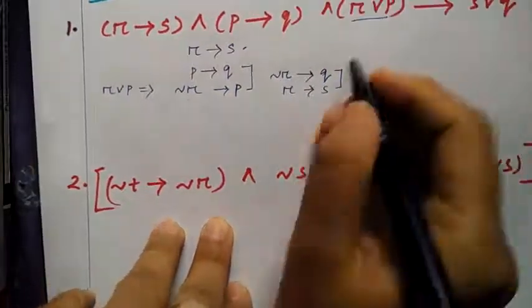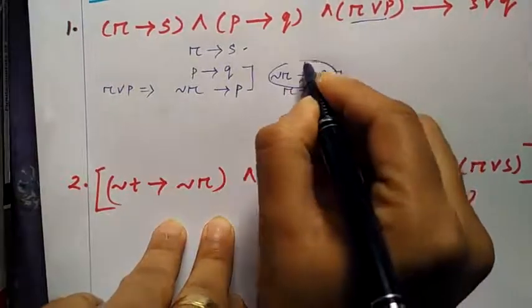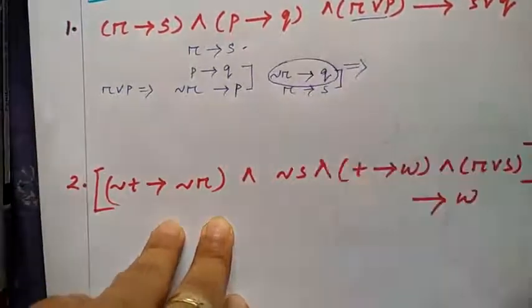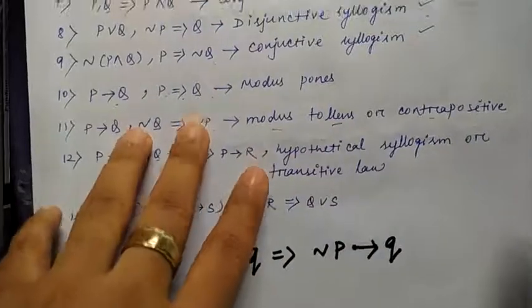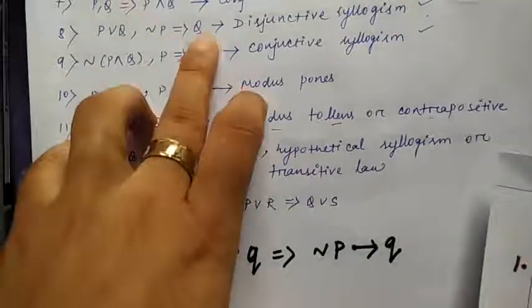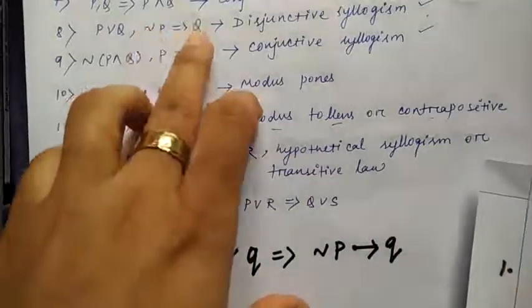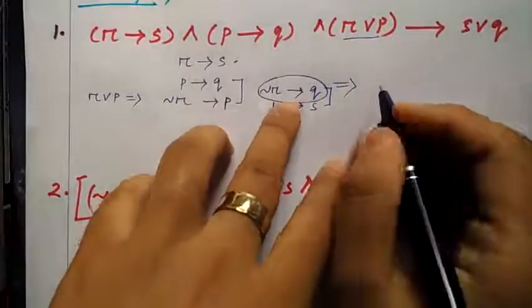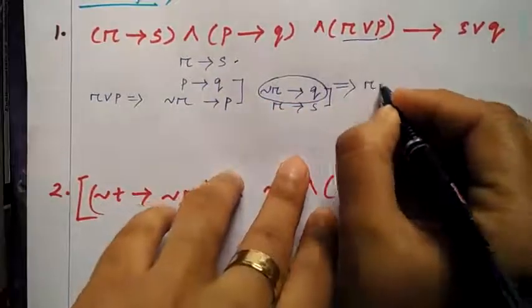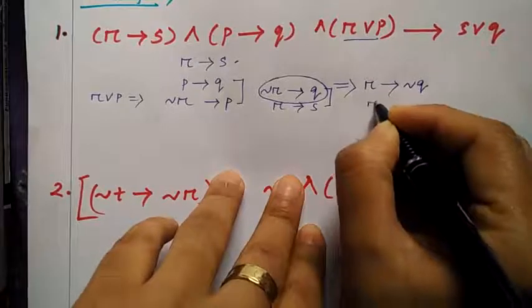You can't find it. So what we can do is make it the negative of this one, that you have already seen in the relation, that is P tends to Q can be written as negation of P or Q. So here negation of R tends to Q can be written as R or negation of Q, and now you have R tends to S.